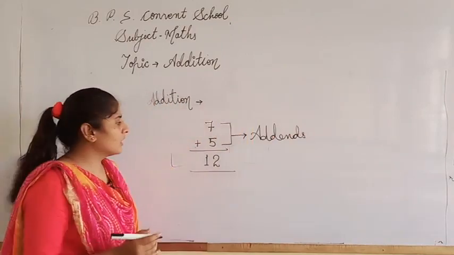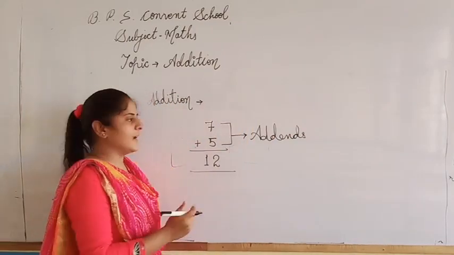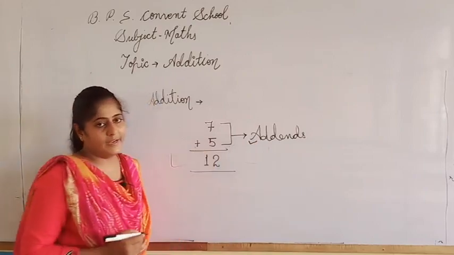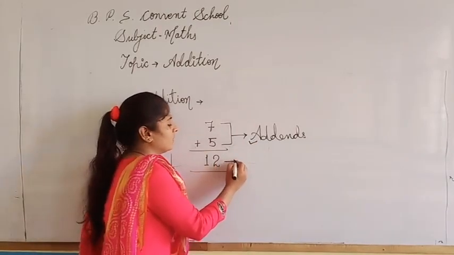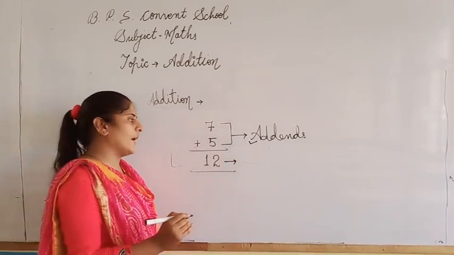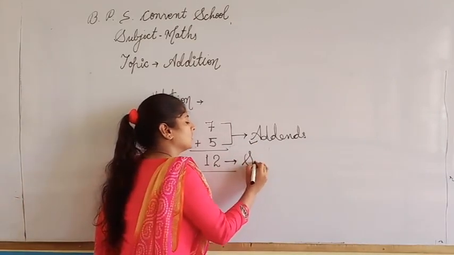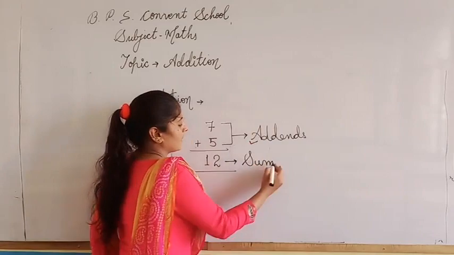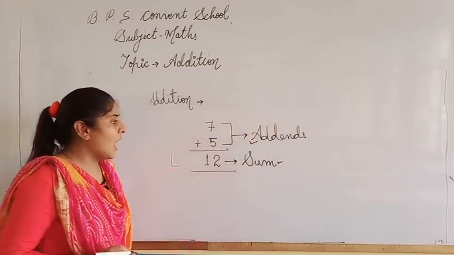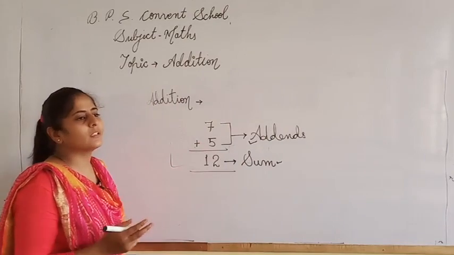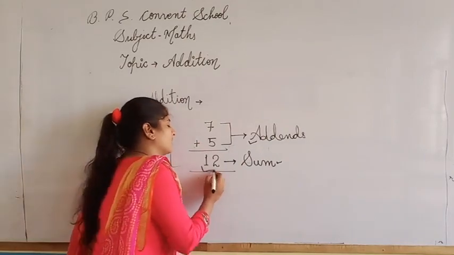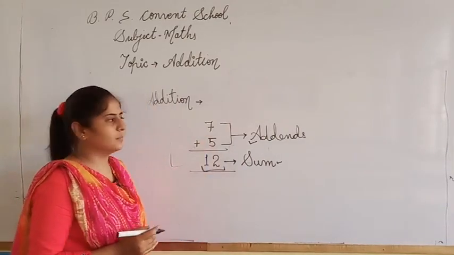It means the numbers that we add are known as addends. And after adding the numbers, we get the result. And the result of addition is called the sum.